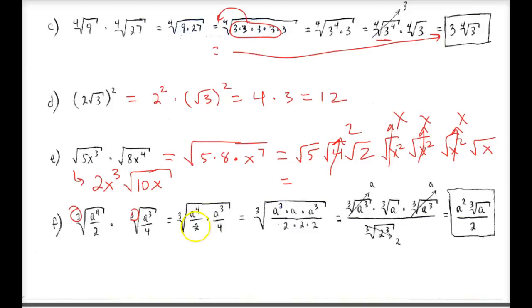So we do that, and we see we have a to the fourth times a cubed, which we could write as a raised to the seventh, but we choose to write it this way because we need to have factors in groups of 3 to be able to factor 1 out. Okay. So same thing in the denominator. We know that 2 times 4 is 8, but we could just rewrite it this way.